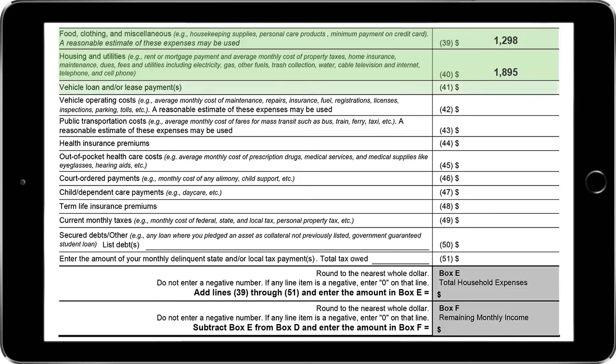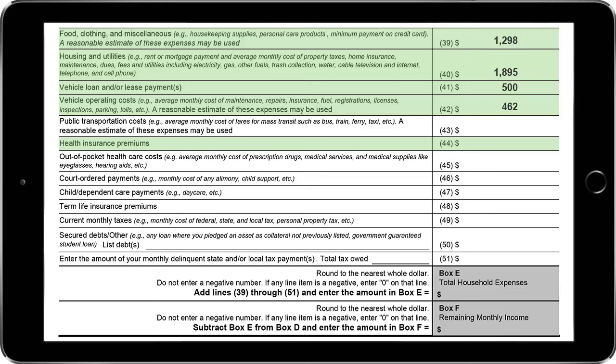Next, I've included the vehicle loan or lease payment that we calculated earlier at $500 a month that was on the first vehicle. Then we have vehicle operating costs of $462 and no public transportation.